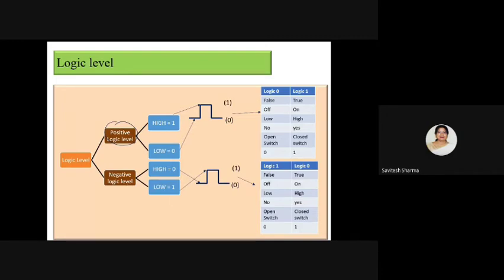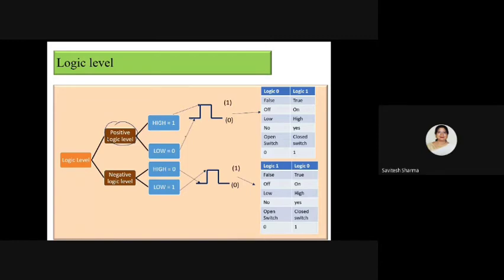So you should understand what is the difference between the positive logic level and the negative logic level. See, there is a difference in the representation only. Okay, so here I am showing you the difference. Suppose you are taking low as 0 and high as 1. Actually we are talking about 0 volt and 5 volt, means maximum DC voltage applied in the circuit.